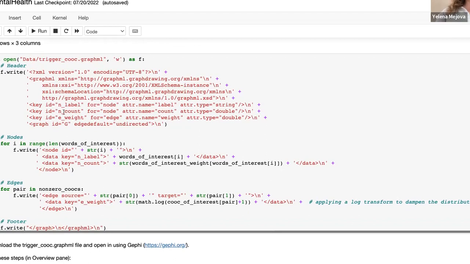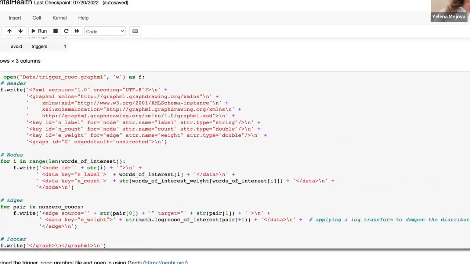Basically, you define your nodes and edges, and you can have something associated with each one. So for example, for the nodes, I can give them a label, what word they mean, and the count, how much they appear in our data. And for the edge, we can tell them how heavy the edge is between the two words.